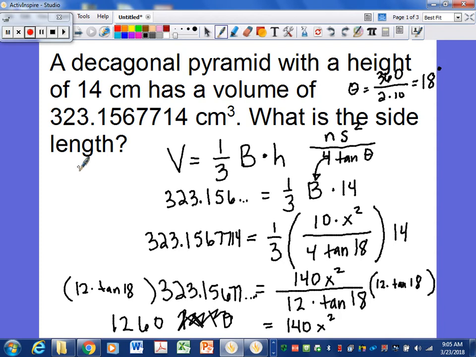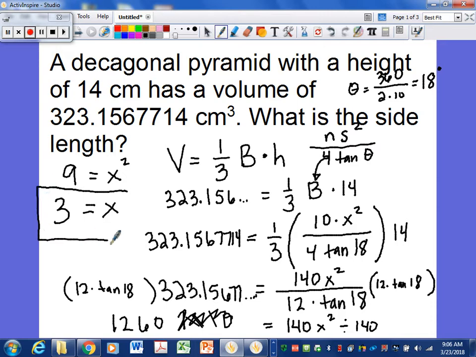And 1260 divided by 140 equals 9. And then square rooting both sides gives me a side length of 3. So my decagonal pyramid with a height of 14 has a side length of 3 to give it that volume right there.